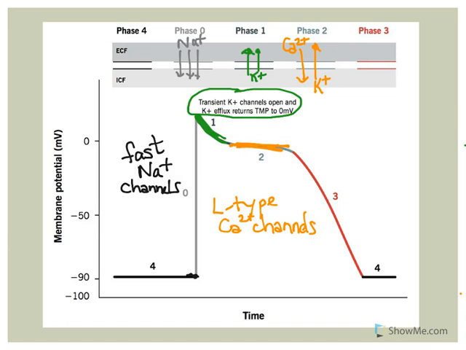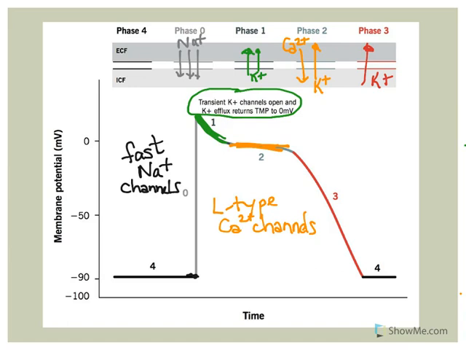And then during phase 3, which we're going to keep as red, what's happening in phase 3 is potassium is going to leave the cell. So phase 3, what's happening is potassium channels open up, and the calcium channels have closed, or closing.